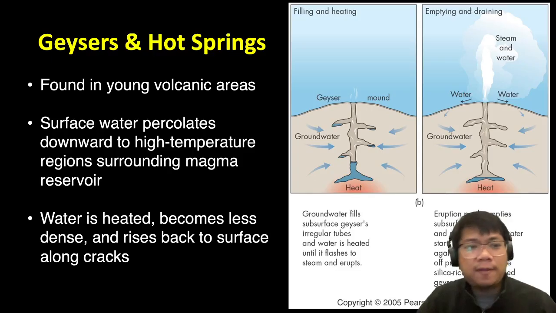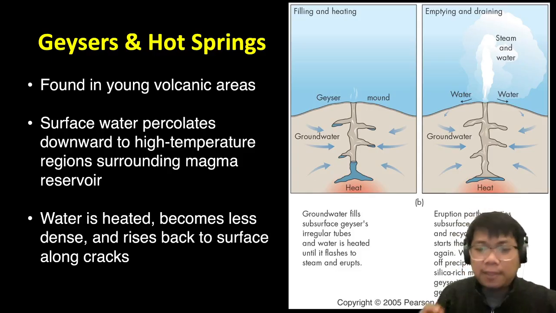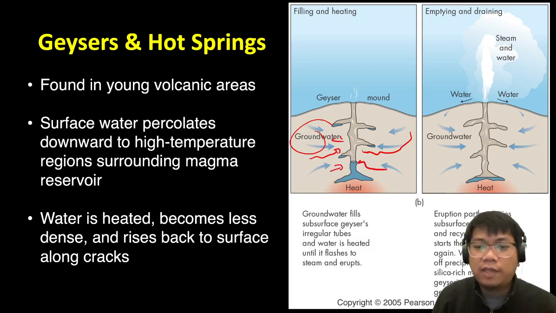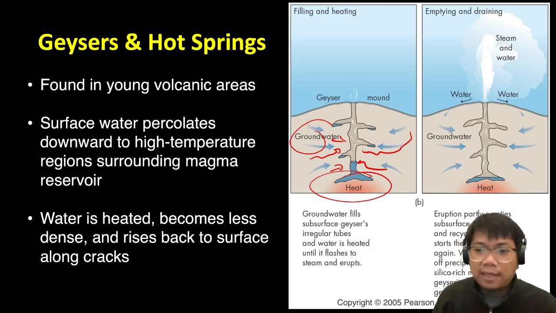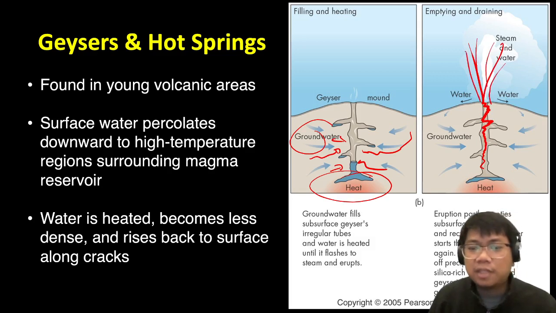What happens in these geysers or hot springs is that typically groundwater comes into the system, and because we still have lots of heat underground, this water is heated up and becomes less dense. That is the reason why, when it becomes so low in density, it shoots up and creates the steam and hot springs that we see on the surface.